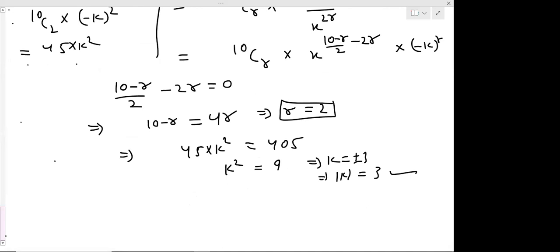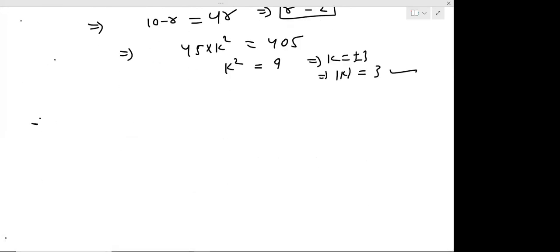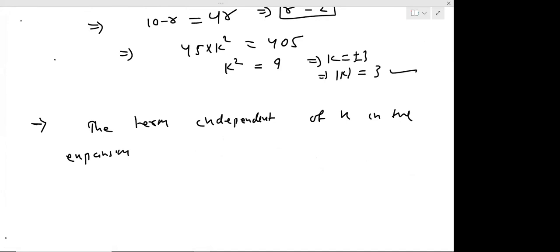The term independent of x in the expansion of (4 upon 3x square minus 3 upon 2x) to the power 9.